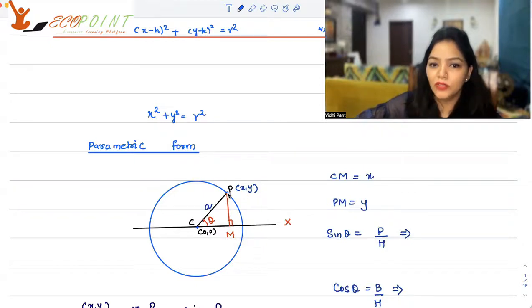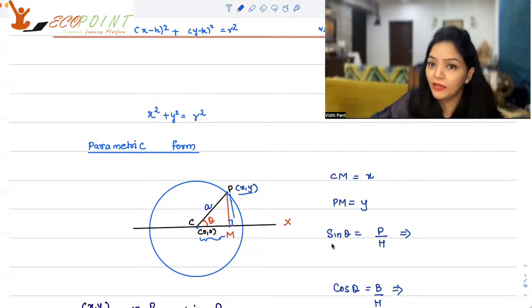If you construct a perpendicular which cuts the x-axis at M, and then look at PCM, this is a right angle triangle, where you can easily see that since this point is (x, y), CM is the x-axis value, so it is x, and PM is the y-axis value at this point, so that's y.